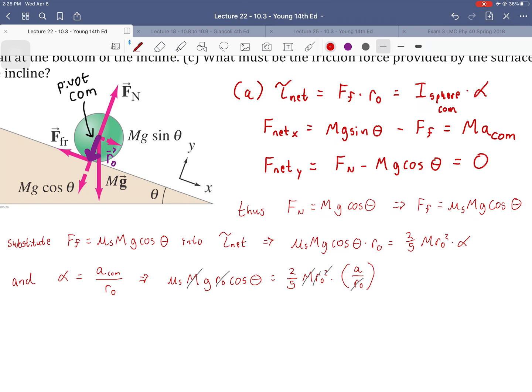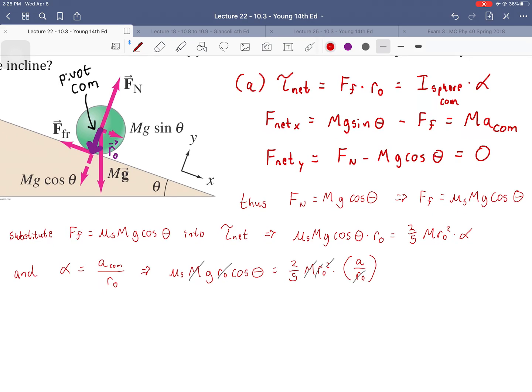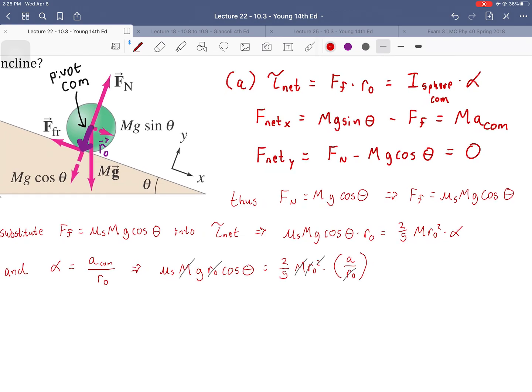If I solved for a in terms of mu s and everything, then I could substitute it in, except I'm trying to solve for the acceleration. So what I'll do instead is an oversimplified or overcomplicated step here, but we'll carry on. It's not a big deal.